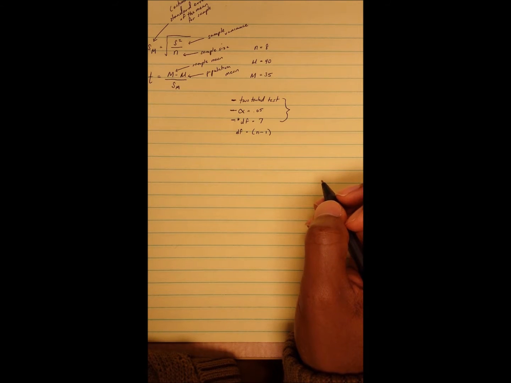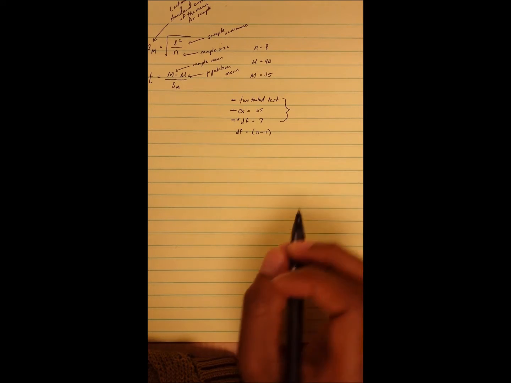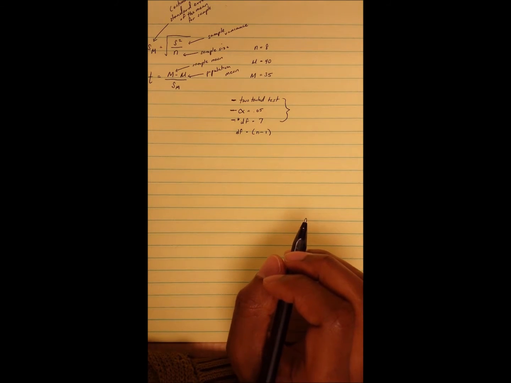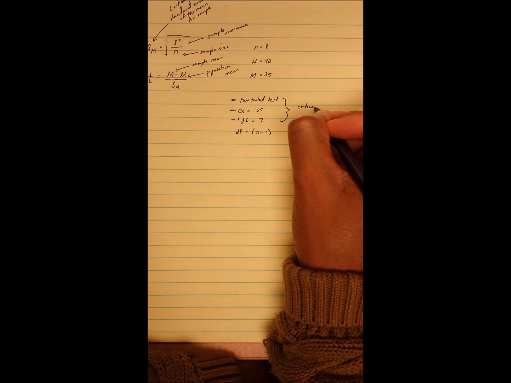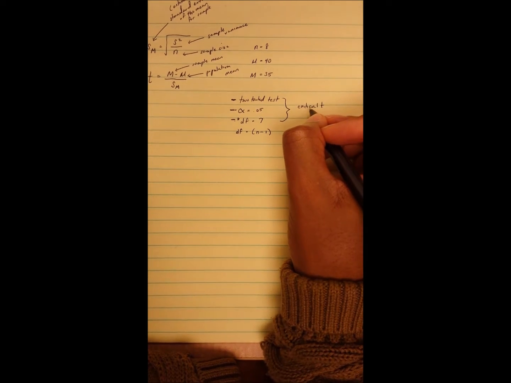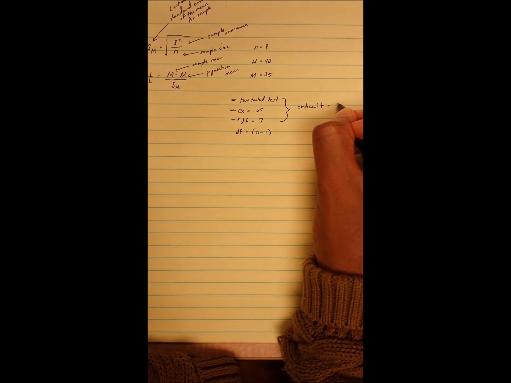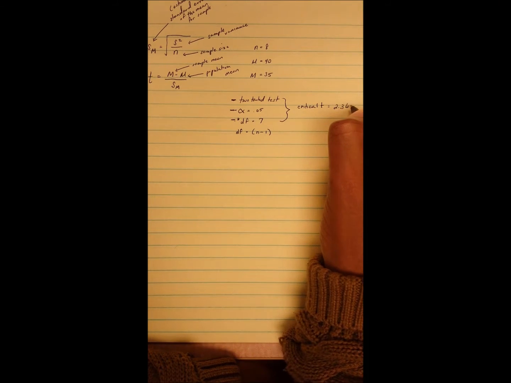Okay, so you'll have to go to a T distribution in the back of your book, and once you do that, you should come out with the critical T for this particular problem of 2.365.